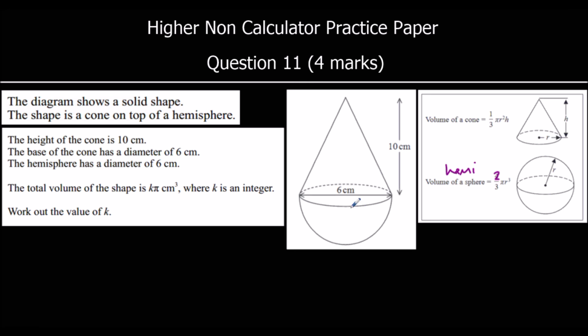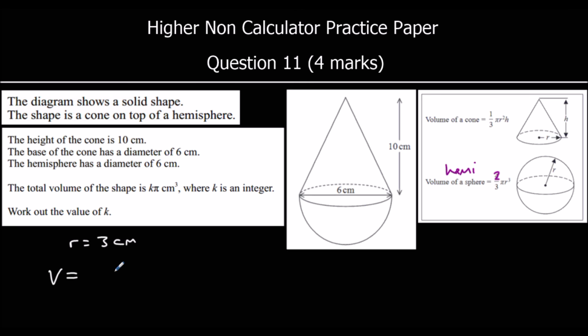So the height of the cone is 10, the diameter is 6, so that means the radius is 3 centimeters. The total volume of the shape is k pi centimeters cubed, where k is an integer, a whole number. Work out the value of k. So we need to work out the volume of this total shape.